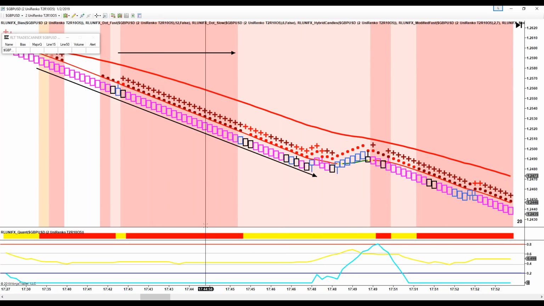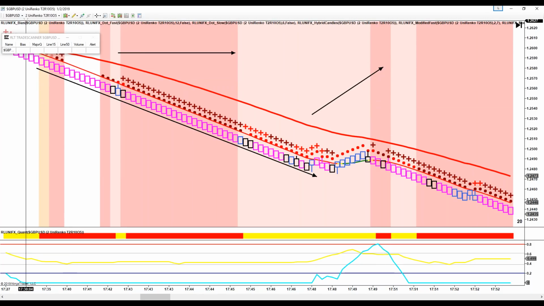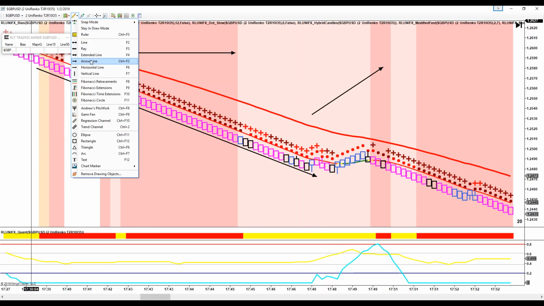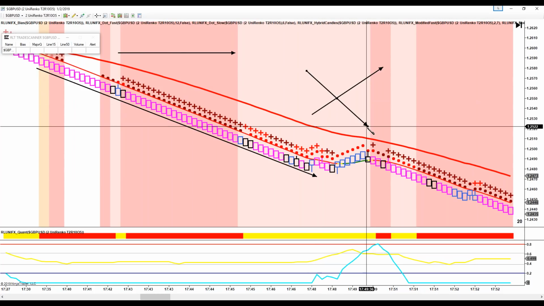Because there are certain Forex pairs that rise when the pound dollar rises, and there are certain Forex pairs that fall when the pound dollar rises.